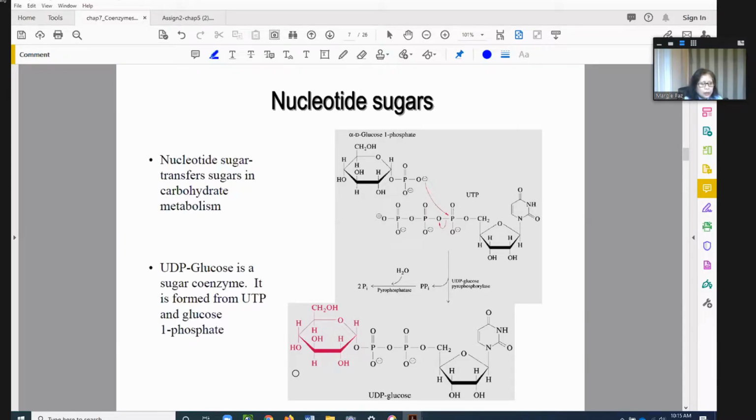So this glycosyl group can be transferred to a suitable acceptor, and in the process releases uridine diphosphate. Nucleotide sugars, again, transfer sugars in carbohydrate metabolism. And the specific example that we looked at here is UDP glucose, which transfers the glycosyl group to a suitable acceptor molecule.